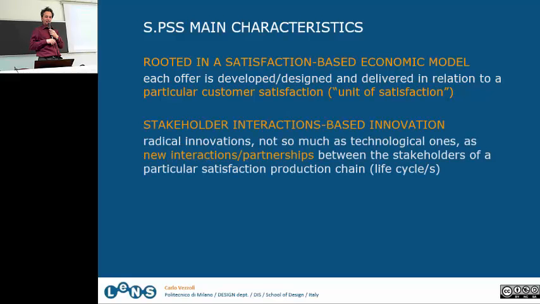The other thing is that the innovation is radical, not at first in technological terms, but in terms of new interaction among stakeholders. So that comes first. We have to design innovative configuration of the stakeholders. Different types of producers: the washing machine producer, the electricity producer, but you can involve even the detergent producer and the supplier of water, because all that is needed to wash clothes in a washing machine.